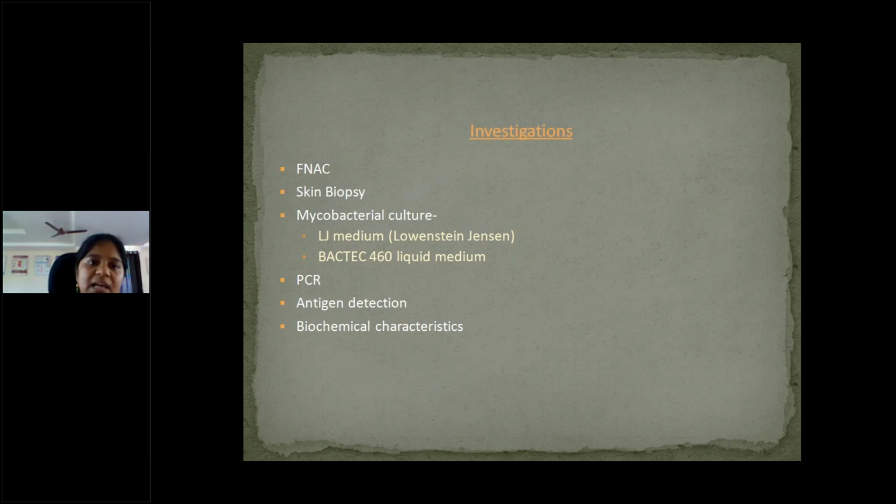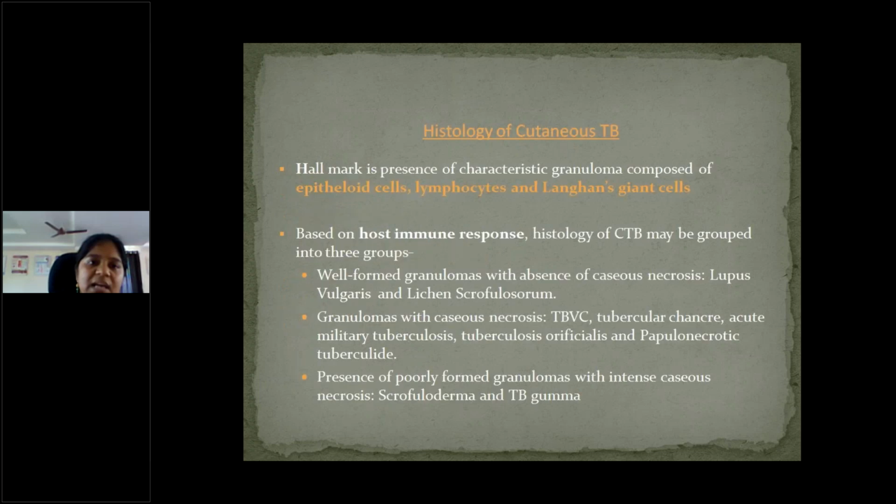In histology, the common finding is a characteristic granuloma composed of epithelioid cells, lymphocytes, and Langhans giant cells. You people should know the types of giant cells better, so we can't go into depth, but in tuberculosis you should know what type of cells you will find. Based on the immune response of the skin, the granuloma may be restricted, specific and well contained, or it can be sparse.